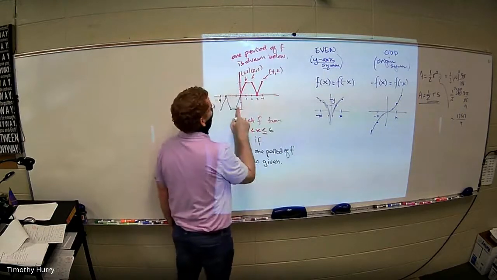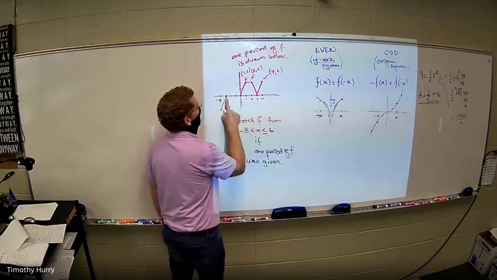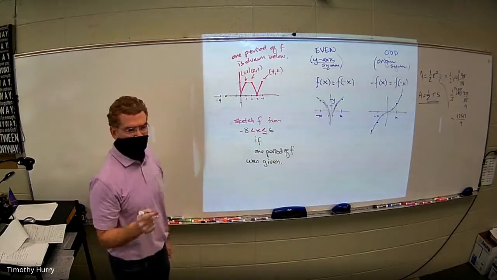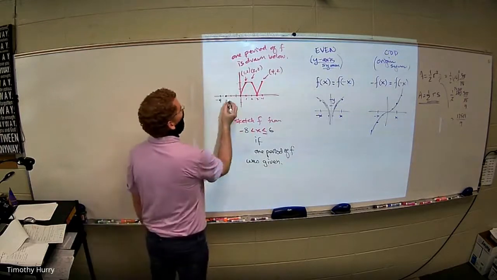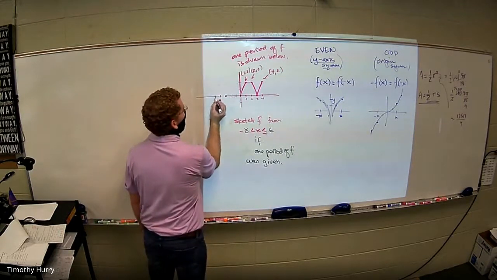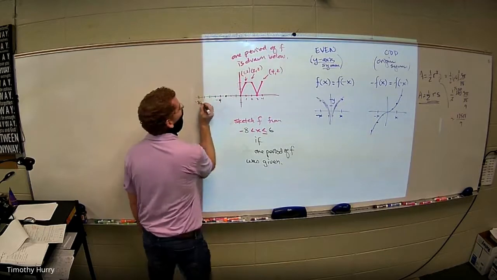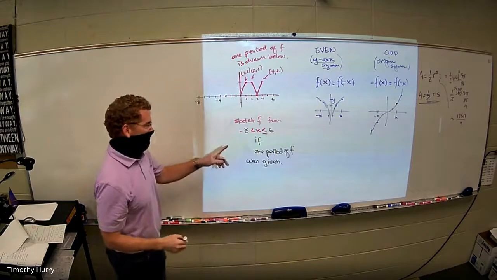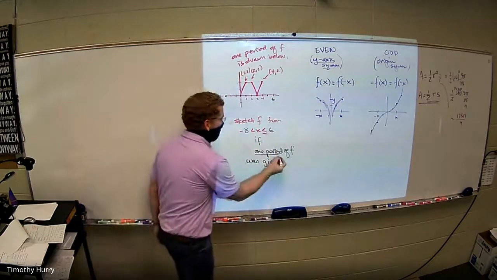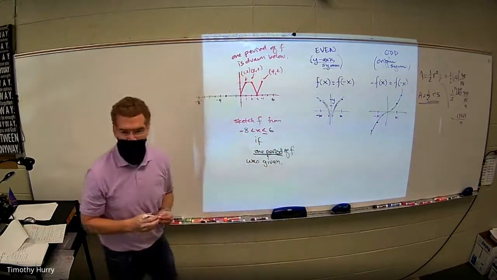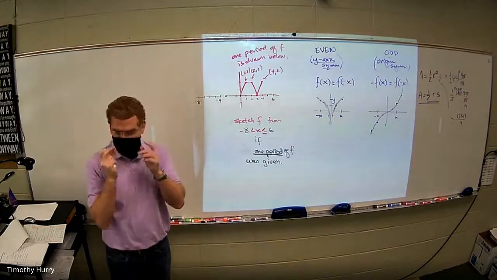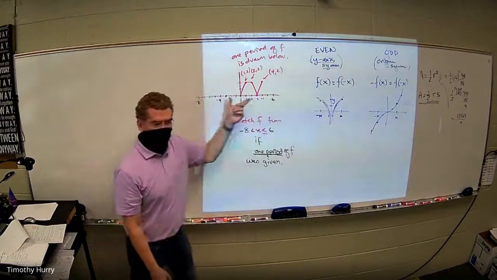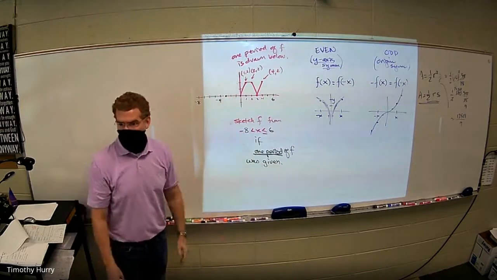So I'm going to go back and get rid of everything. Nothing about even and odd on this one. One period is given. I want you to sketch it from -8 to 6. So there's -4, -5, -6, -7, -8, and 5, 6. How do I sketch it from -8 to 6 if only one period of f was given? You do the period, but you cut it off. So I just have to keep marking these periods to the right and to the left until I get to where I need to be, right?